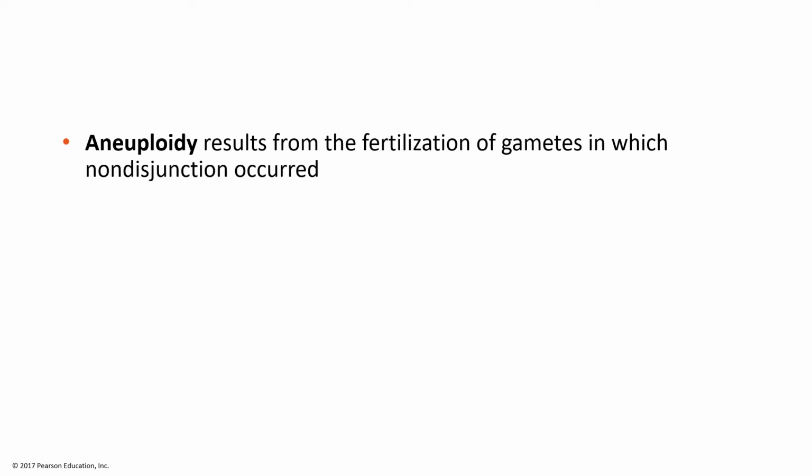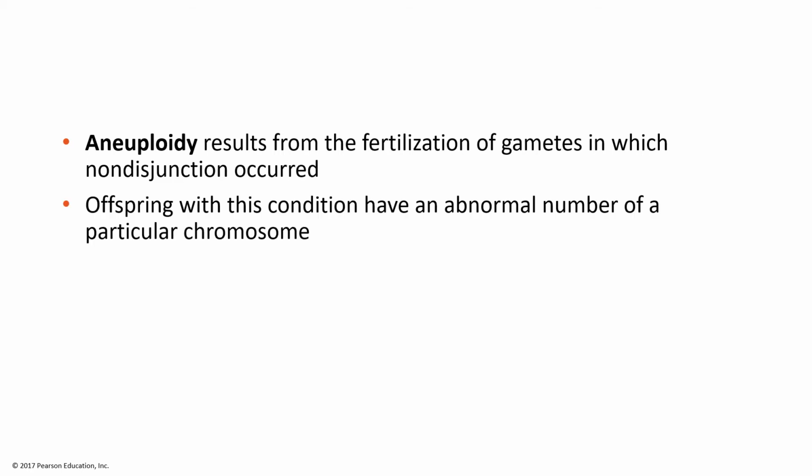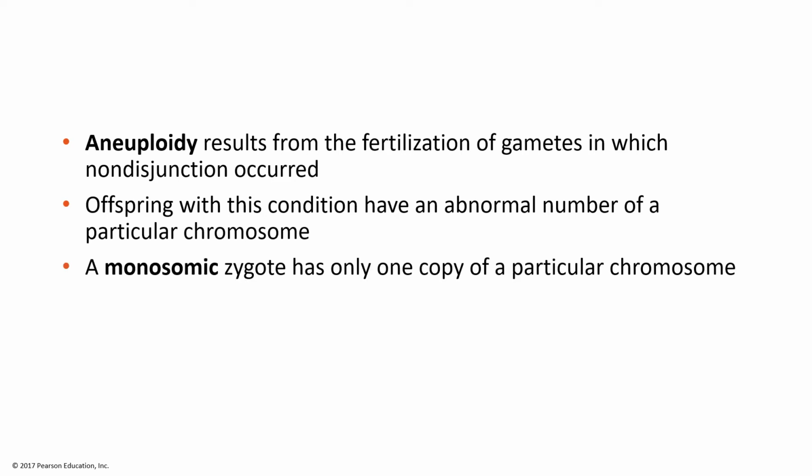Now, aneuploidy is the result of fertilization of gametes that have non-disjunction. So they're going to be this broad class of fertilizations that have either an extra number or a fewer than normal number of chromosomes. So offspring with this condition will always have an abnormal number, either above or below.